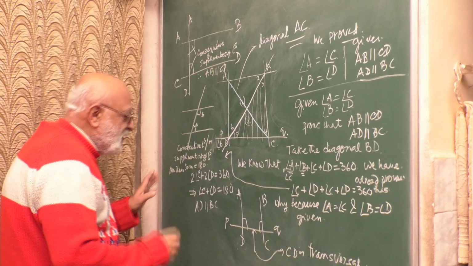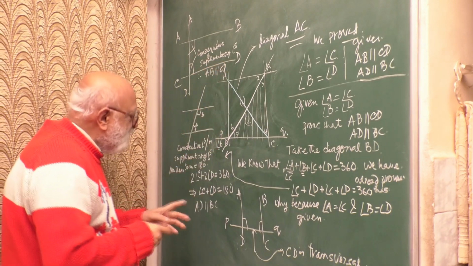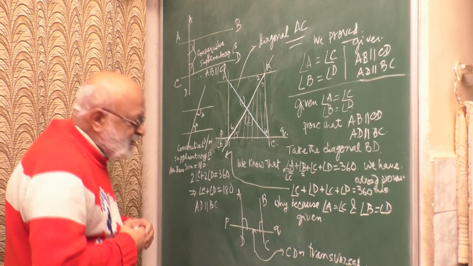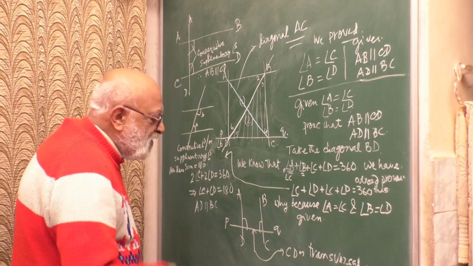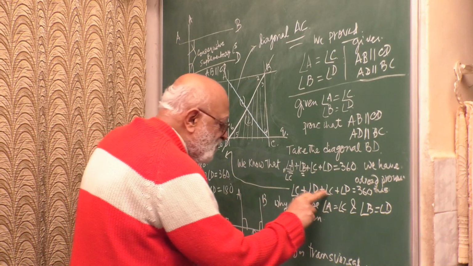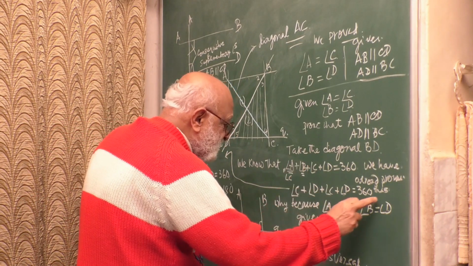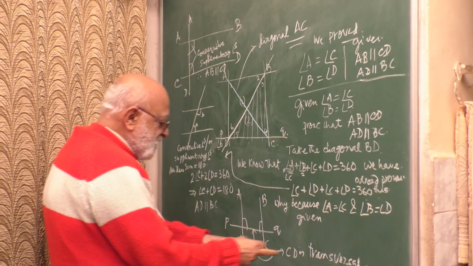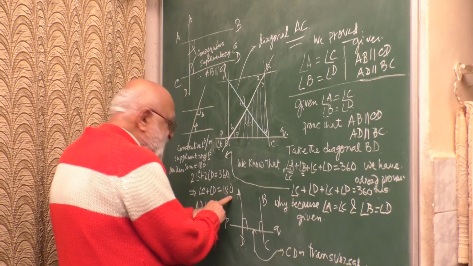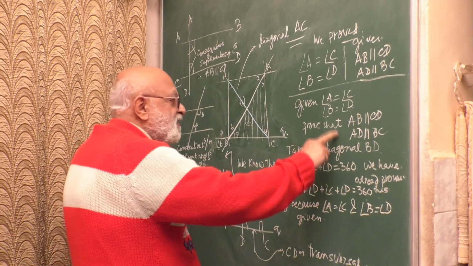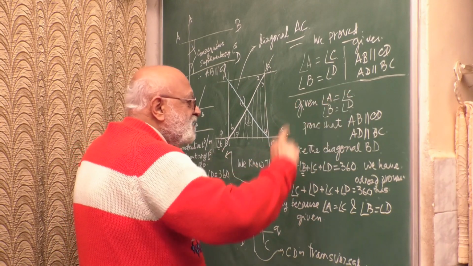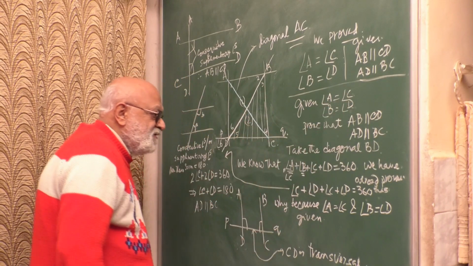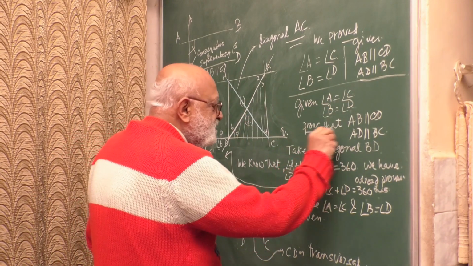Okay, so here we have taken up two items of knowledge. One is that the sum of the angles of a quadrilateral is 360 degrees, and the other is that supplementary angles sum to 180 degrees, and the given one, angle A is equal to angle C, and angle B is equal to angle D. And we have proven this.